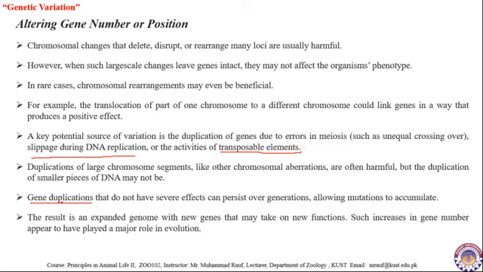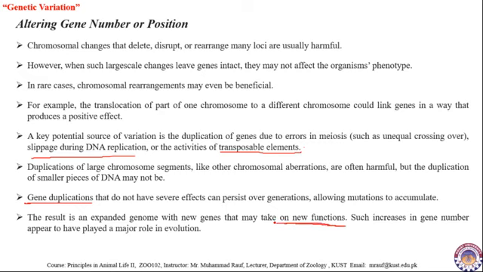They are the source of gene families. In fact, new alleles can arise through other types of mutations also. They result in an expanded genome with new genes that may take on new functions.